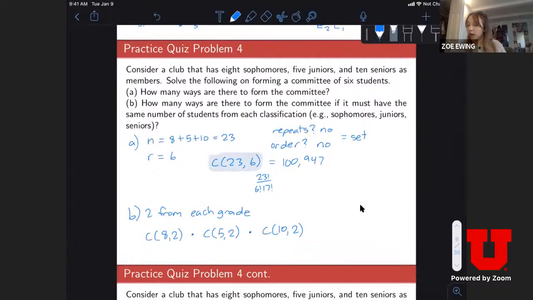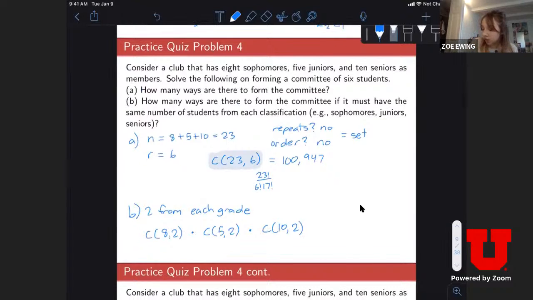We're choosing 2 sophomores and we're choosing 2 juniors and we're choosing 2 seniors. These come out to 28 times 10 times 45, which is 12,600.